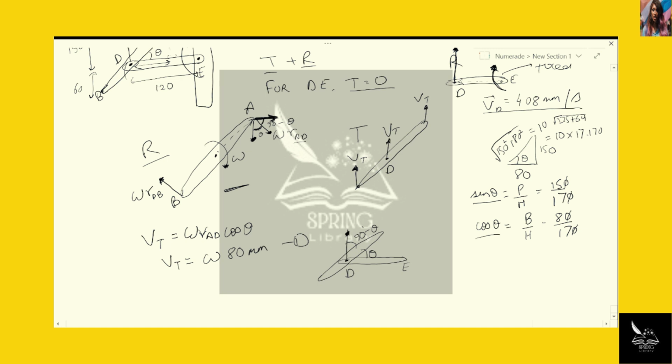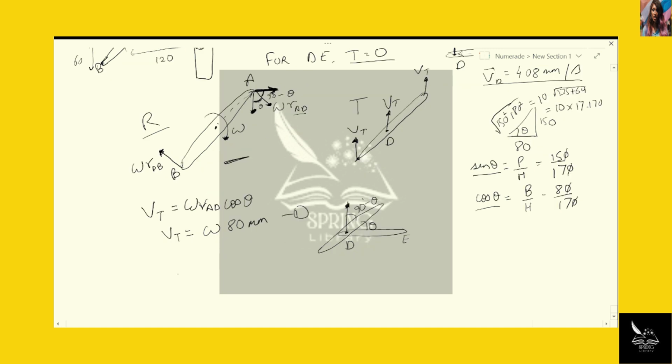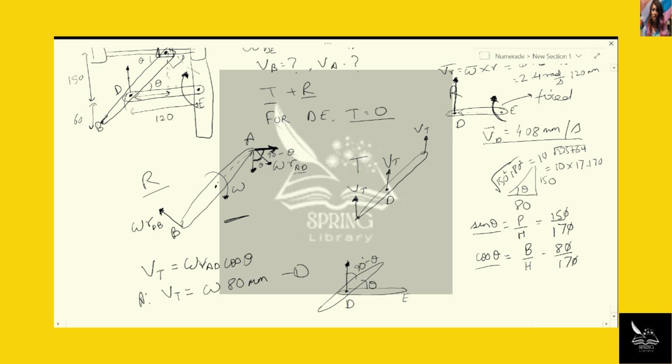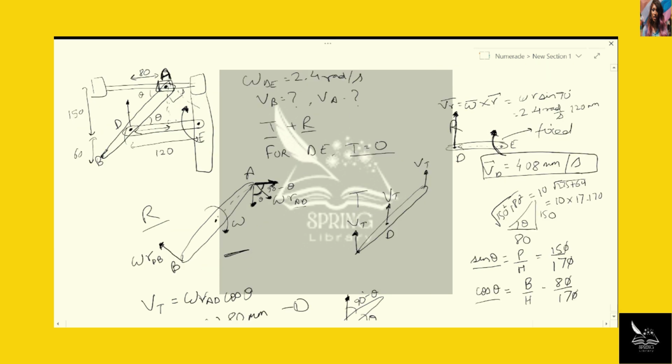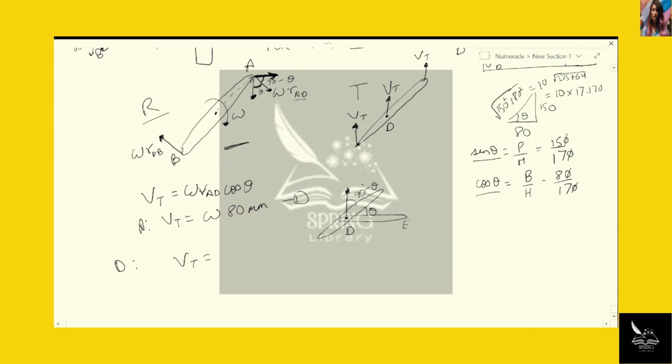So it's the same as Vt actually. So at point D, Vt just has to equal the velocity at point D, and the velocity at point D, we have already figured out, is 408 millimeters per second. So this just gives us Vt as 408 millimeters per second.